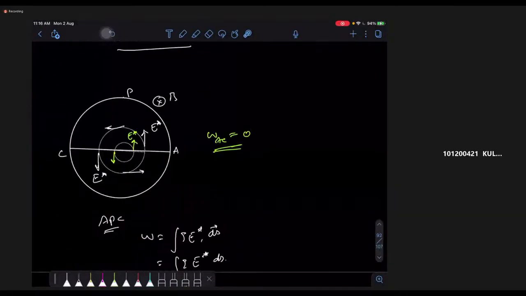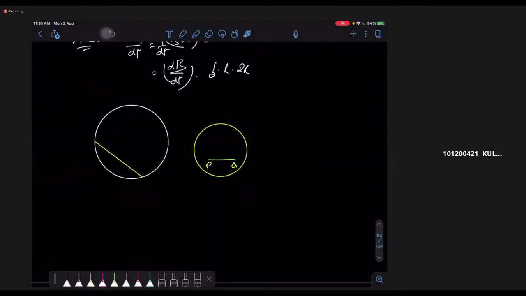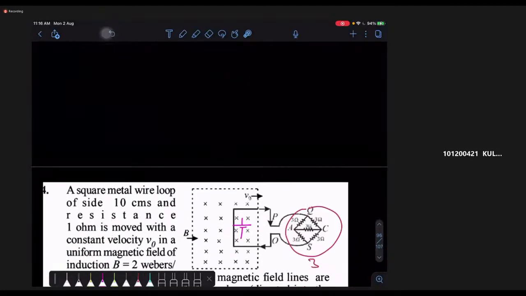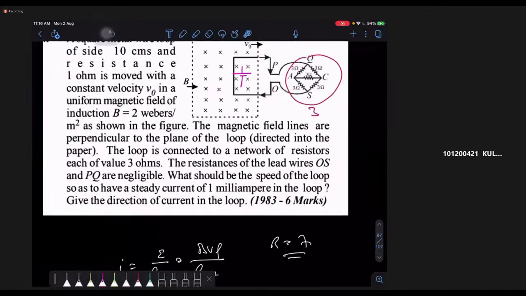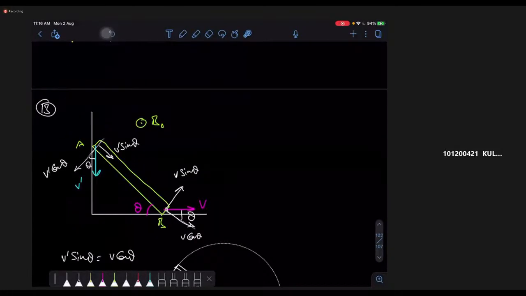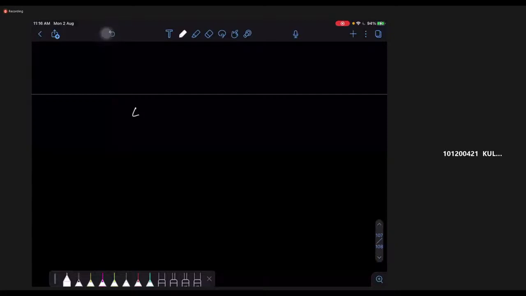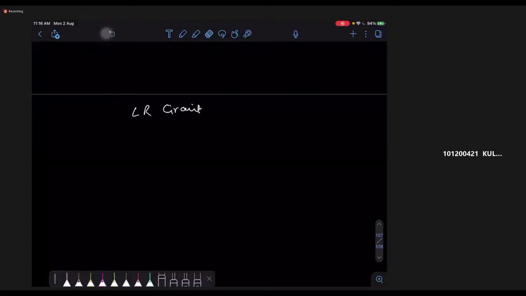So now today we can discuss ahead how to use the inductor in the circuit and what types of circuits we have. Basically there are three types of circuits. We have the LR circuit, we have the LC circuit also.